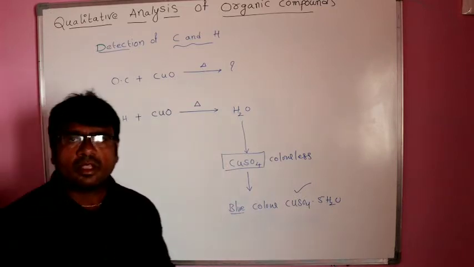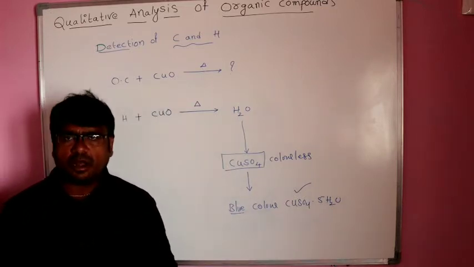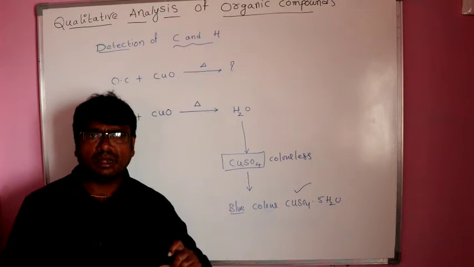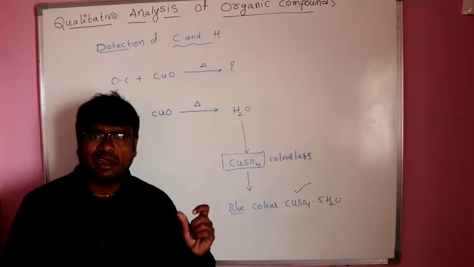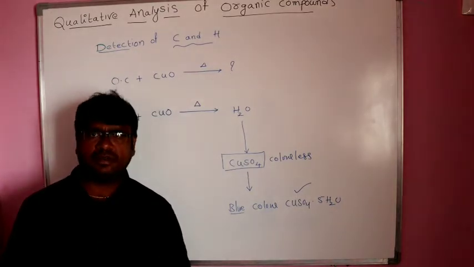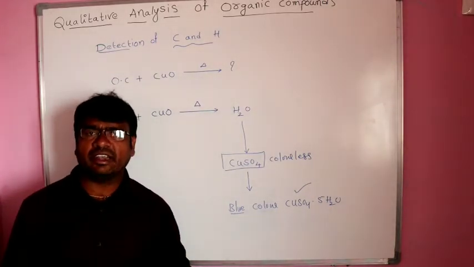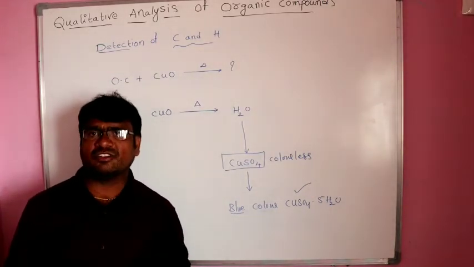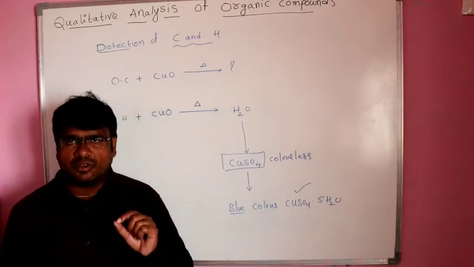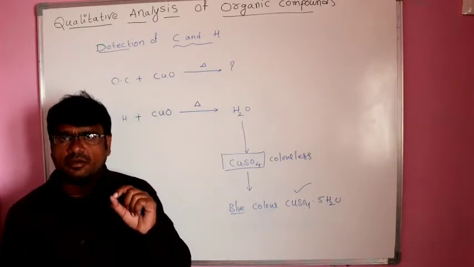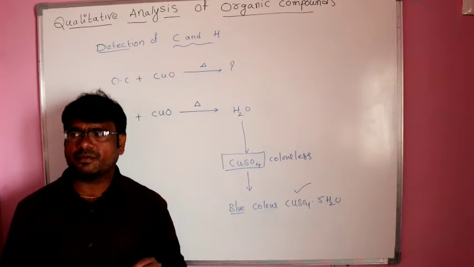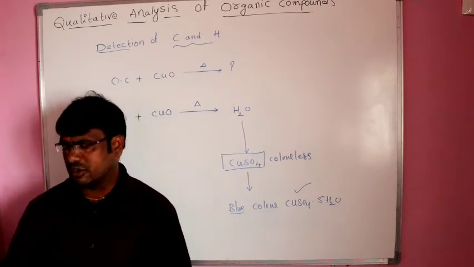Next, after the detection of carbon and hydrogen, the remaining elements like nitrogen, sulfur and halogens can be detected by the Lassaigne's test. So with the help of Lassaigne's test, we are going to detect the presence of nitrogen and halogens.